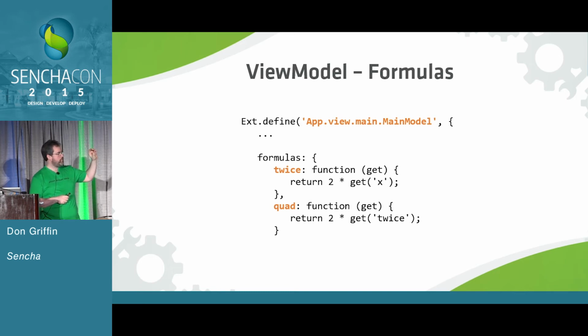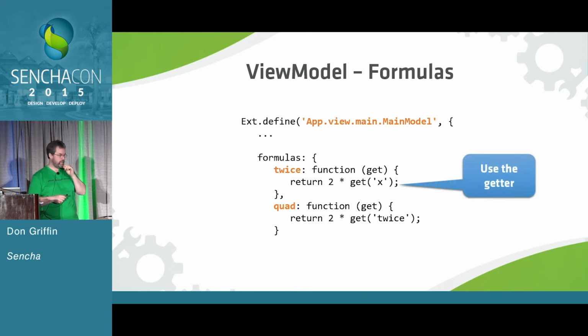So when we're writing the twice function, we are given the getter, and we really do need to use it because it's the calls to that getter that are the dependency graph. If you want this function to be called again to make sure that twice becomes twice x whenever x changes, we need to know that that's a dependency.